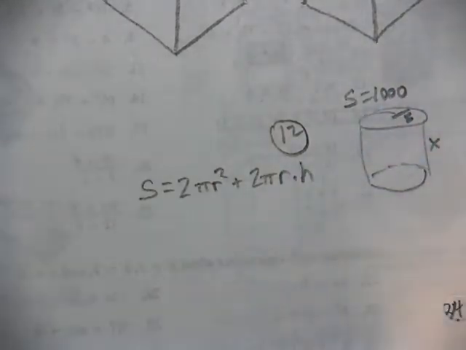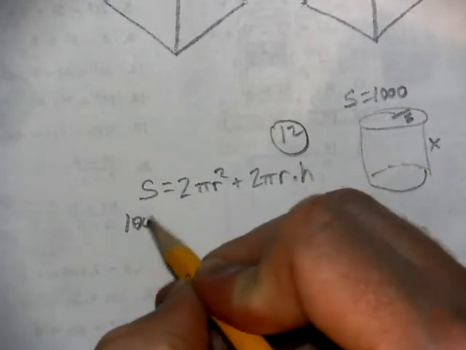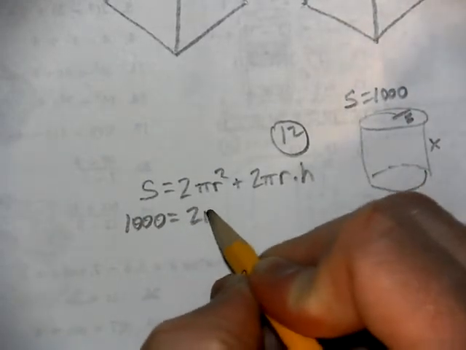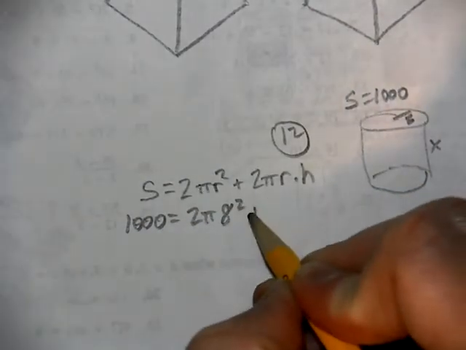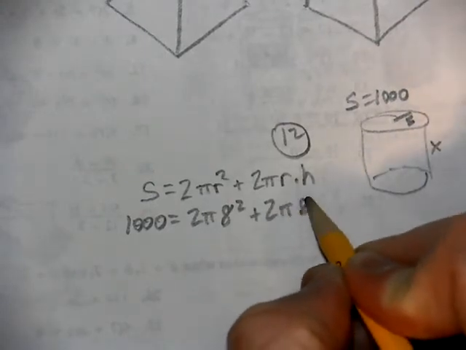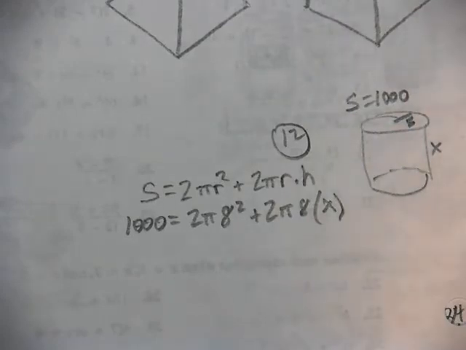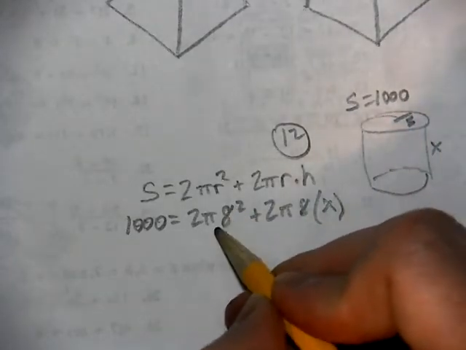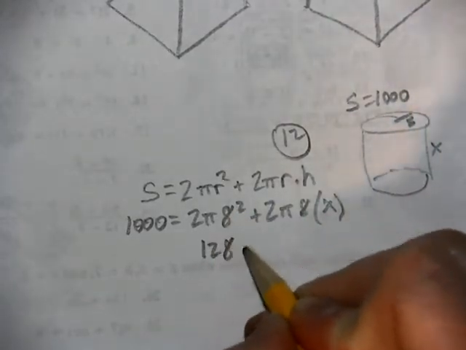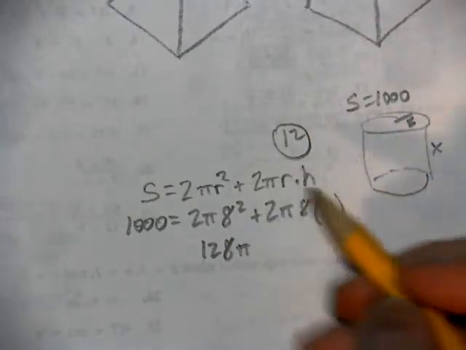So we've got 8 as our radius. So 2 pi 8 squared plus 2 pi 8 times x gives us 64, which is 128 pi.